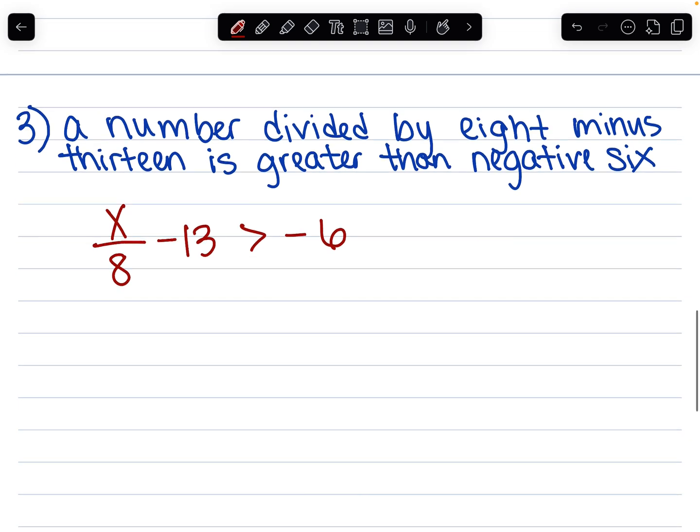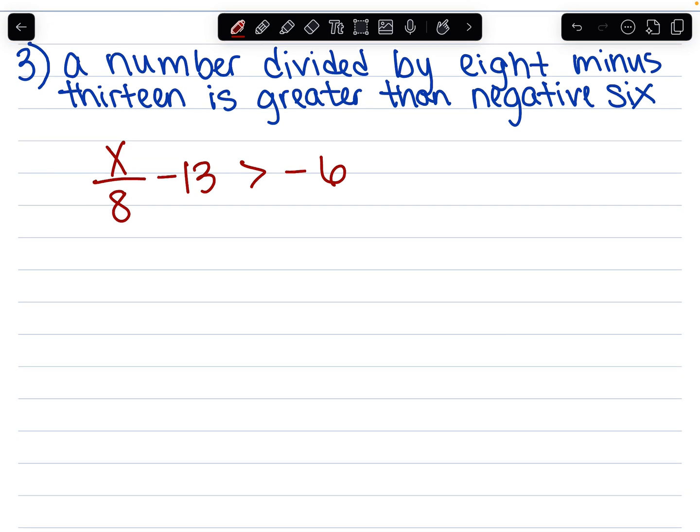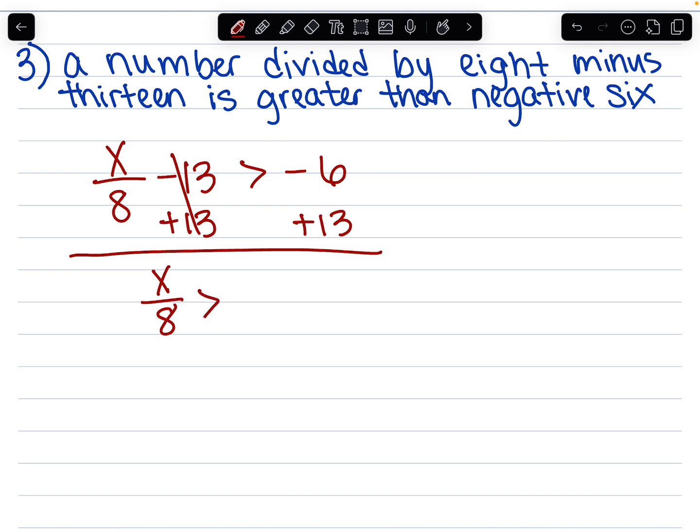Okay, now what about solving, James? Add 13. Good, to both. Yeah, so we're going to add 13 to both sides. So we get x over 8 is greater than 7.